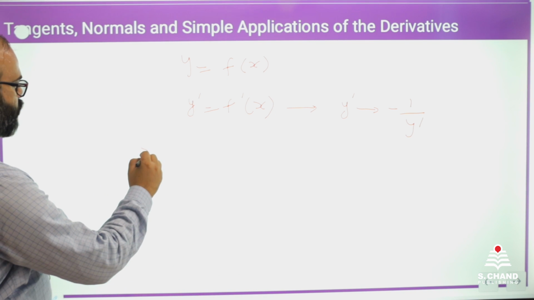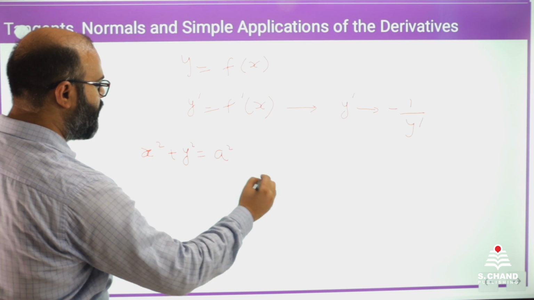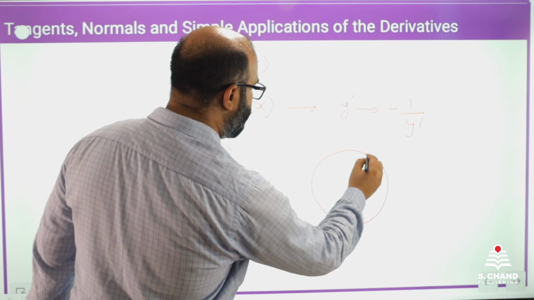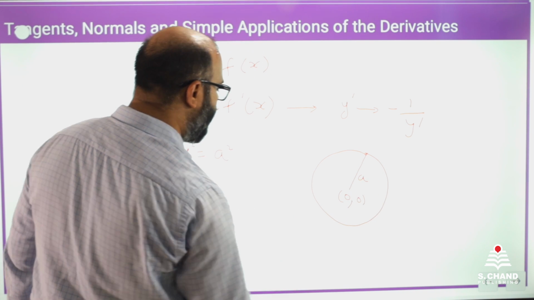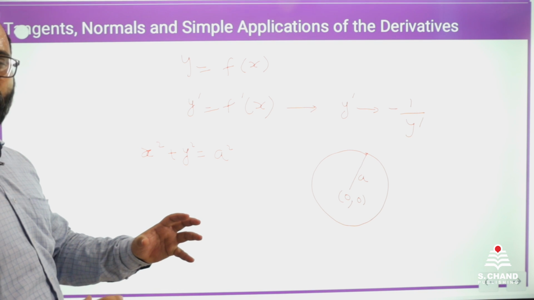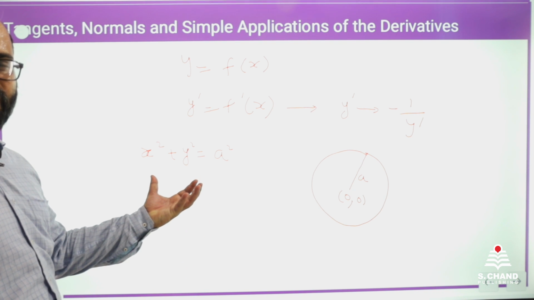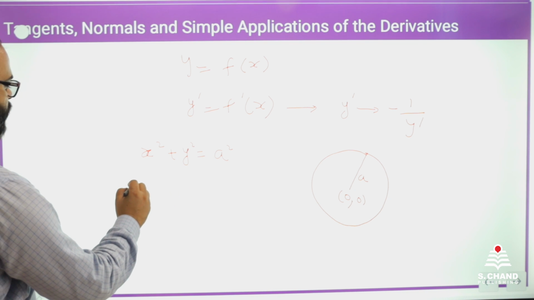For example, x square plus y square is equal to a square is a circle with center at the origin and radius a. Now you have to find the family of orthogonal curves which are perpendicular to all the curves given here, where a is the parameter. So you will differentiate it.